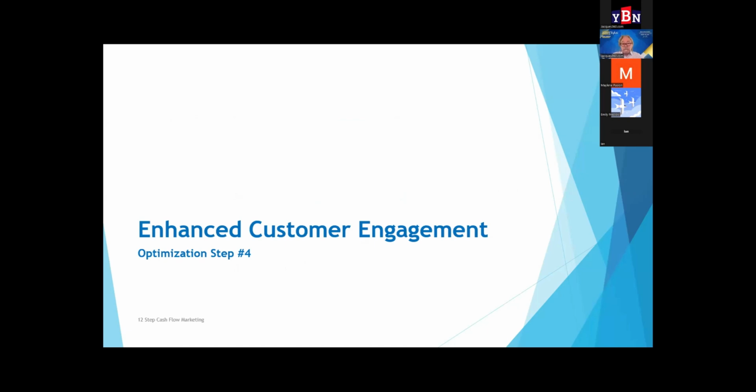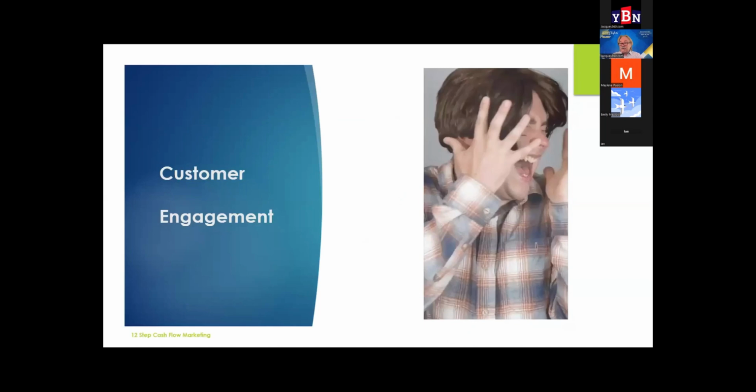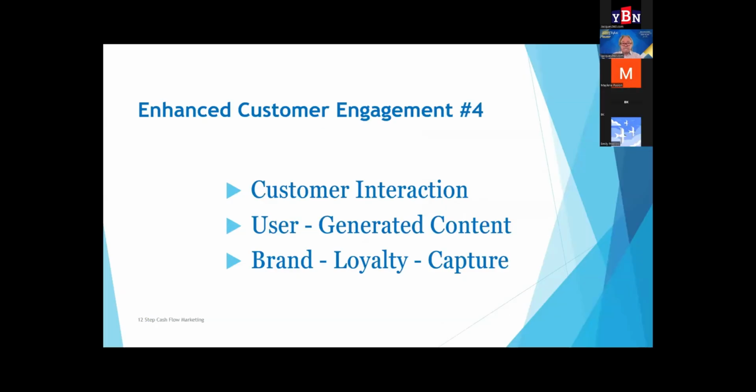Optimization step number 4 is customer engagement. How are you engaging with the potential customer? Secret number 1 is customer interaction. How are you interacting with that potential client when they are on your Google Business Profile?